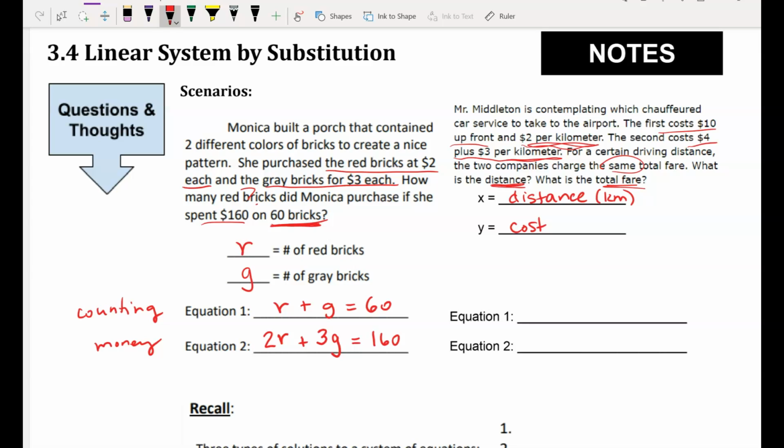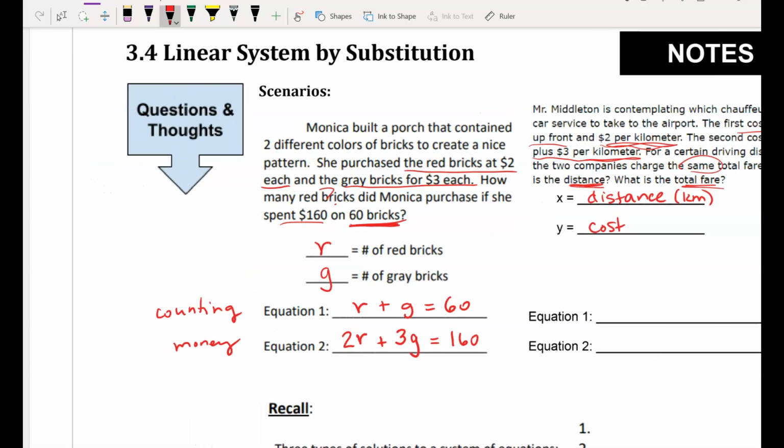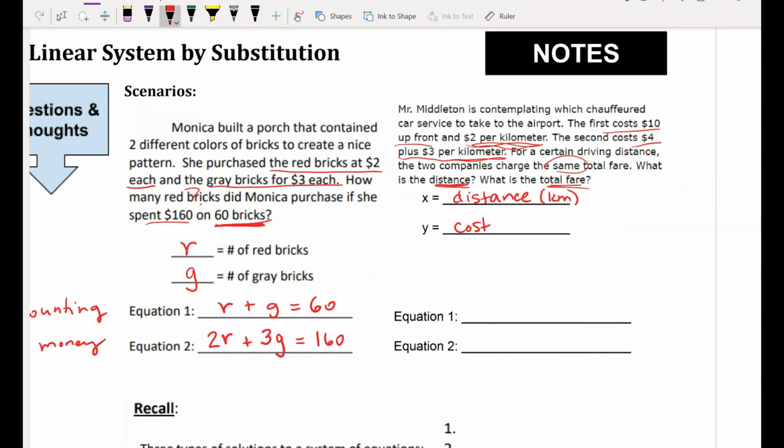One equation is going to be based on the cost for the first company, and the second equation is going to be based on the cost for the second company. Both equations are set up using the same logic. So the cost of renting the vehicle is going to equal the beginning cost.